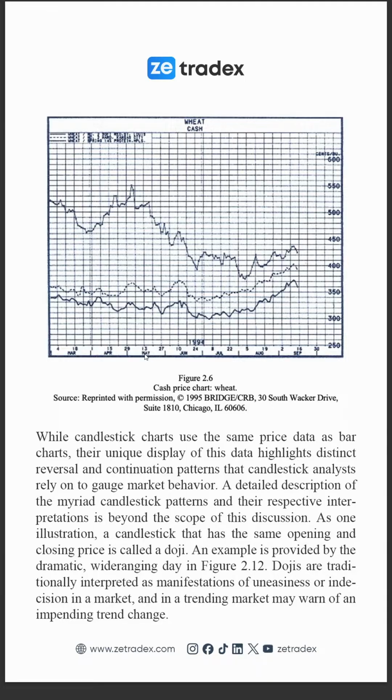Dojis are traditionally interpreted as manifestations of uneasiness or indecision in a market, and in a trending market, may signal an impending or intended trend change, reflecting the different ways traders think and how traders actually view the markets. Okay, next page, please.